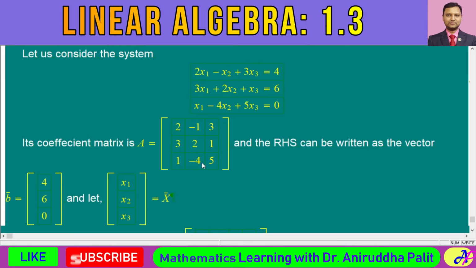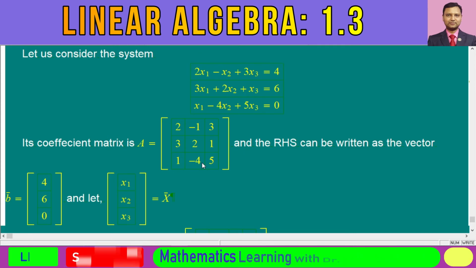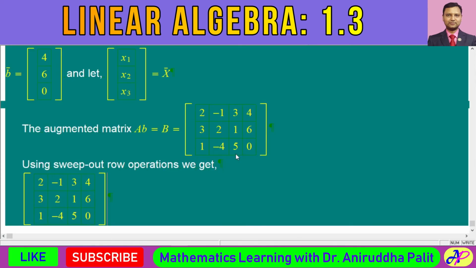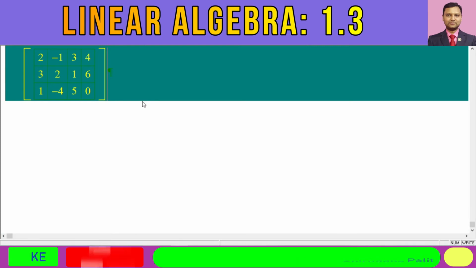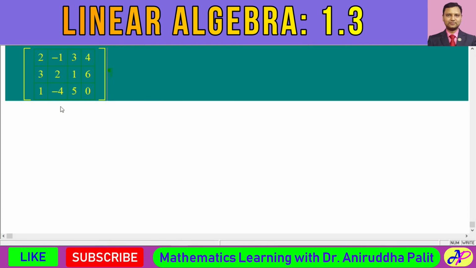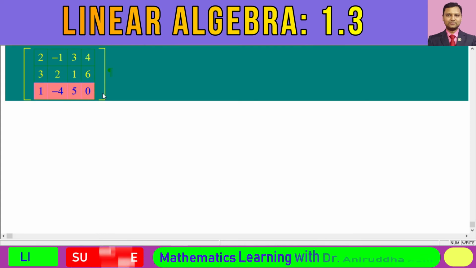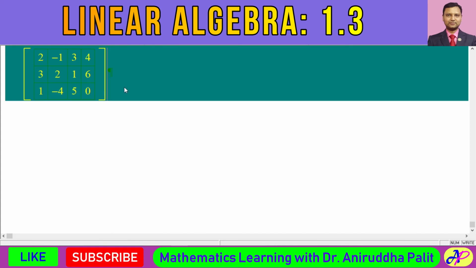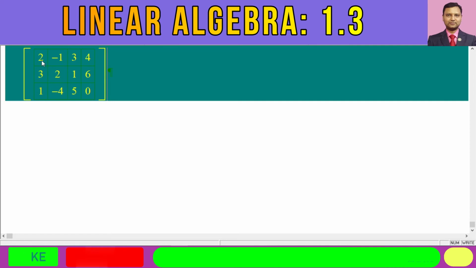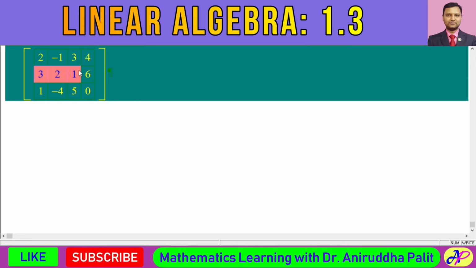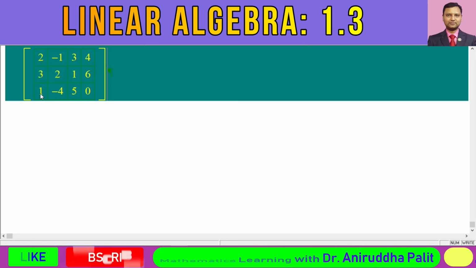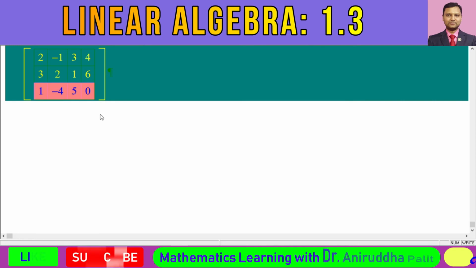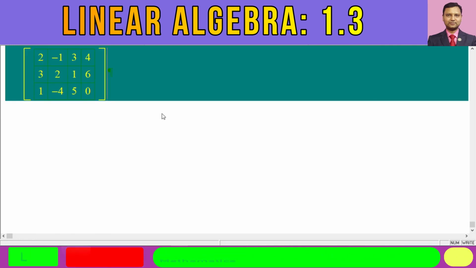Did I make a mistake? No, it's okay. Rather, first I'm trying to make this one 0. How to do this? I'm trying to make these three elements of the last row 0. Let's check whether it is possible or not.